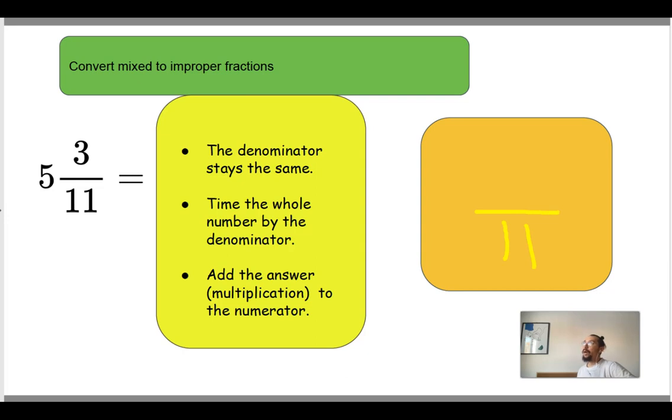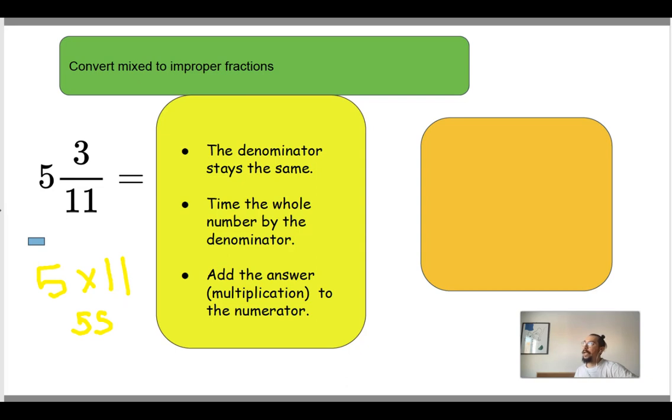Then you are going to multiply 5 times 11, which, if you put it in your calculator, is 55. So you have the answer from this, it gives you 55.